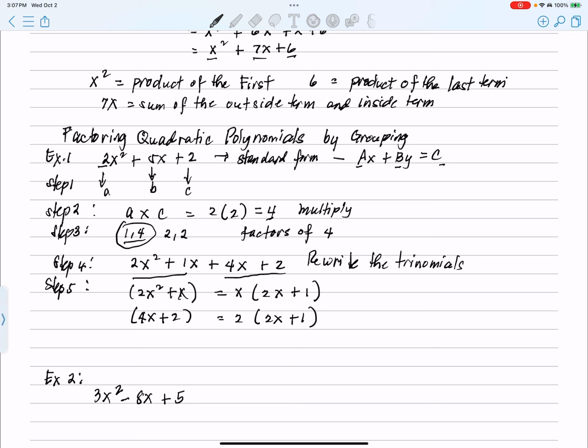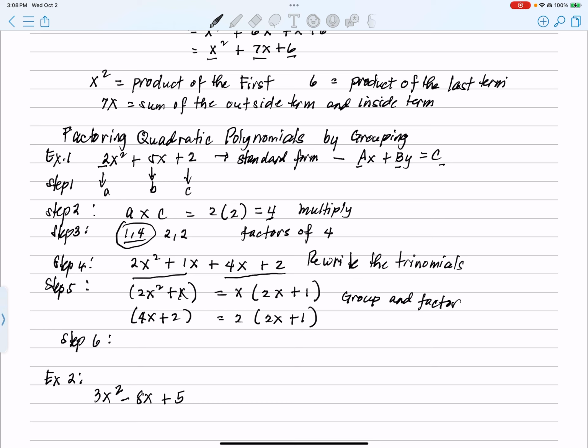So what I'm doing is I group. After grouping, I did factor each group. Then you can have the last steps.